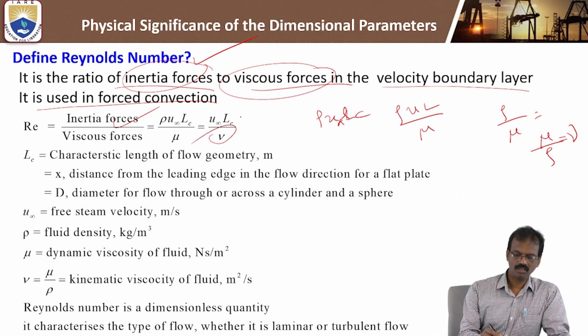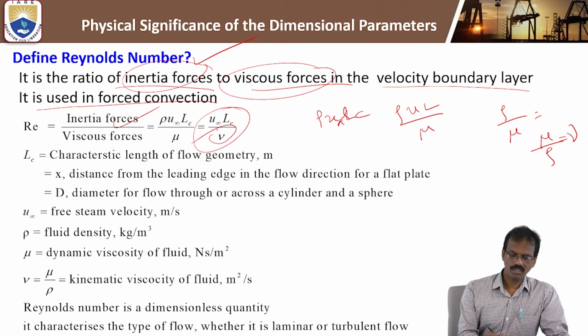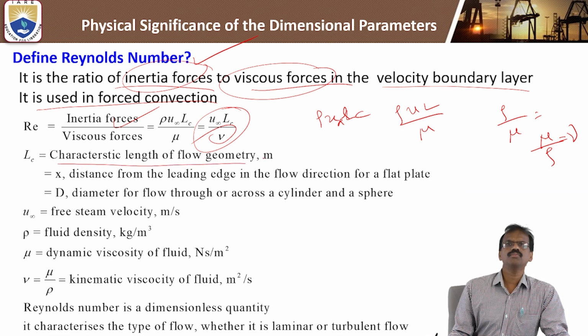So this is the formula for the Reynolds number. These are the variables related to the convection process of fluids: velocity of the fluid, characteristic length of the flow geometry, and kinematic viscosity of the fluid.